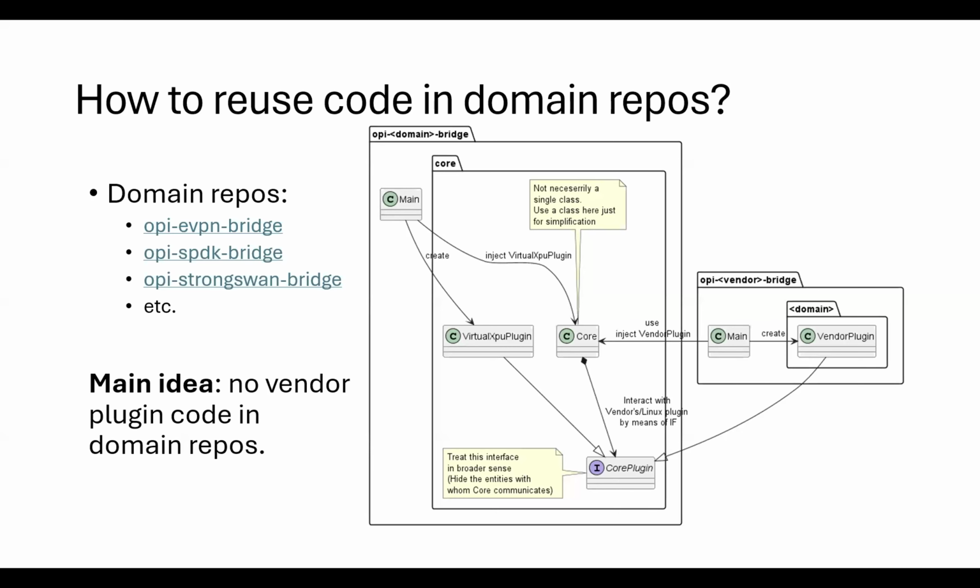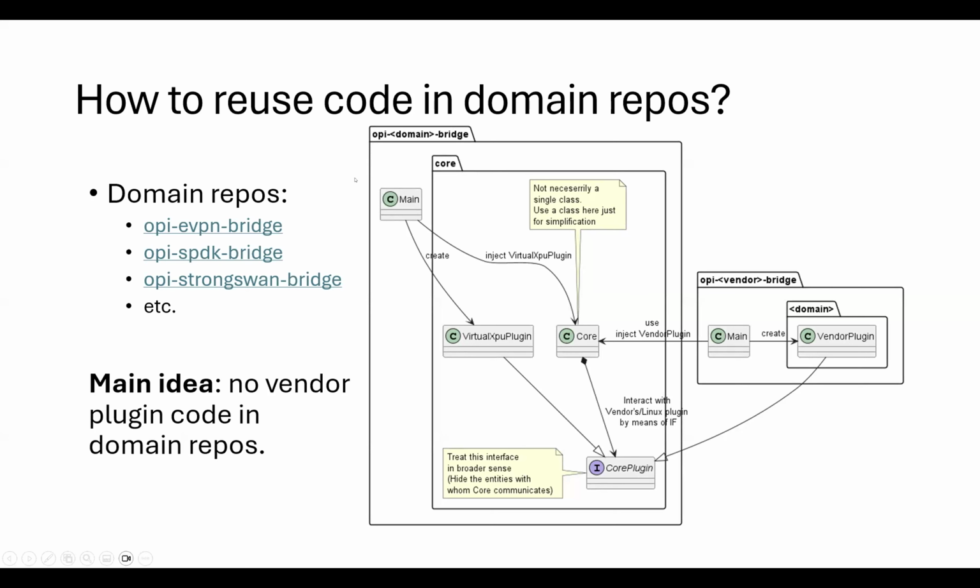Okay. So last time I provided a short introduction, only verbally, on how we are going to reuse the code from different OPI domain repos. But now I have some slides to show. At this moment in OPI, we have a couple of domain repos like OPI VPN bridge, SPDK bridge, transform bridge.